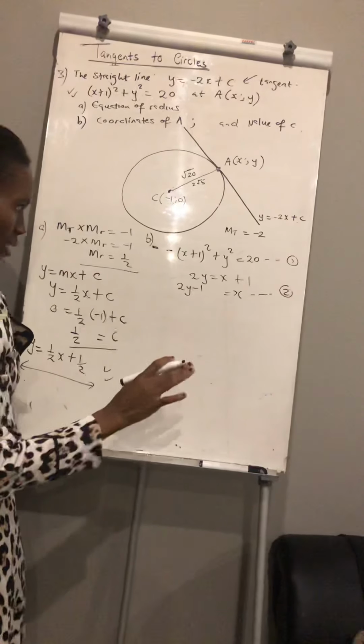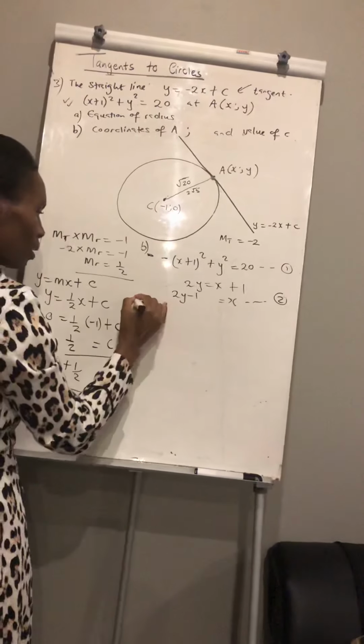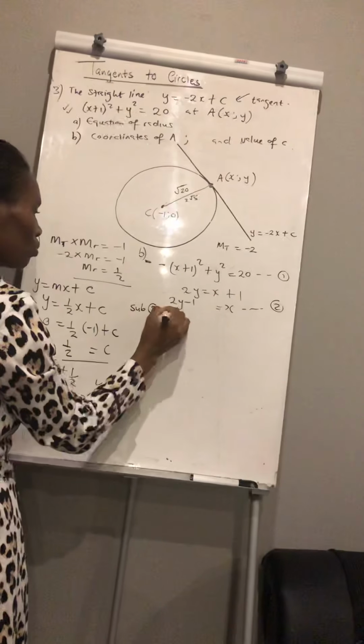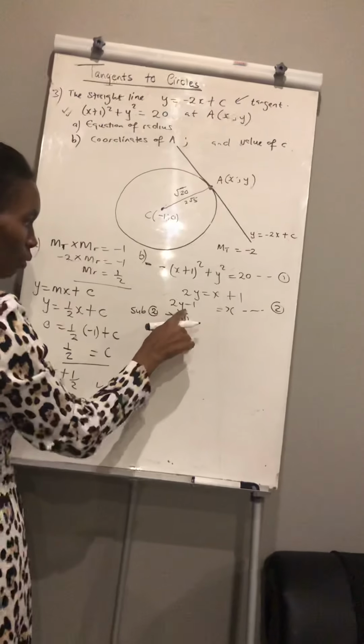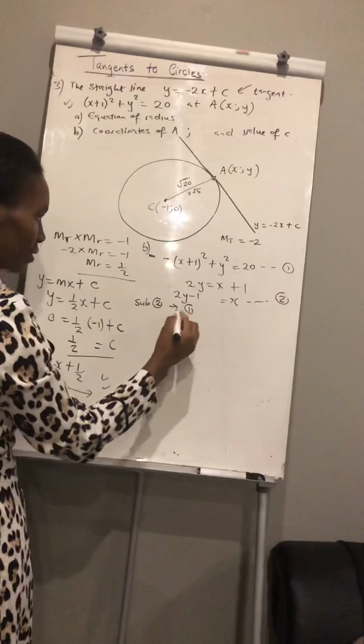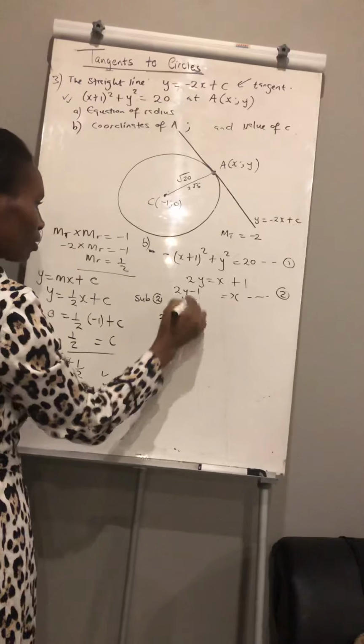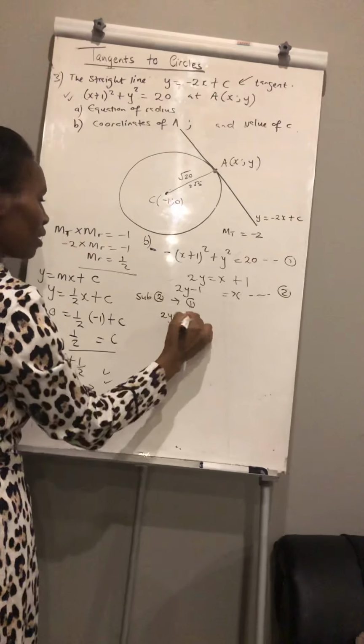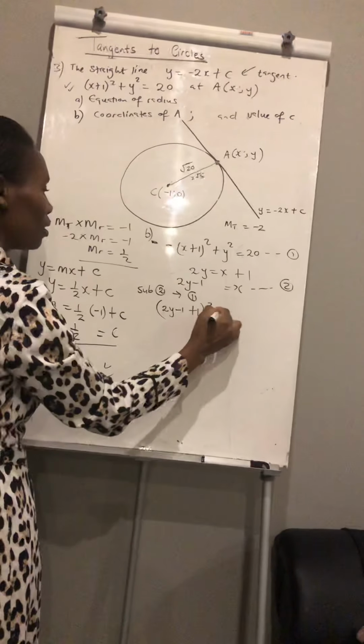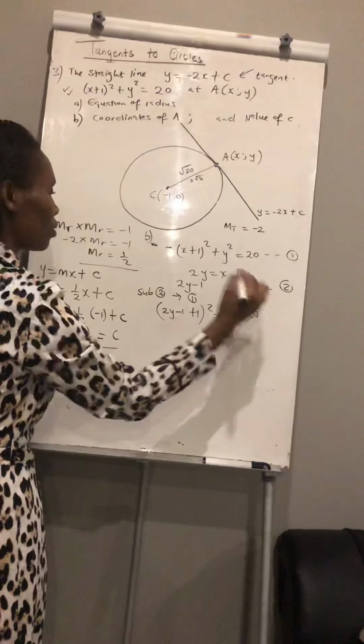So you can substitute equation 2 right into equation 1 and solve. Why don't we do that? So there, 2y minus 1, that's in place of x, then plus 1 squared plus y squared is equal to 20.